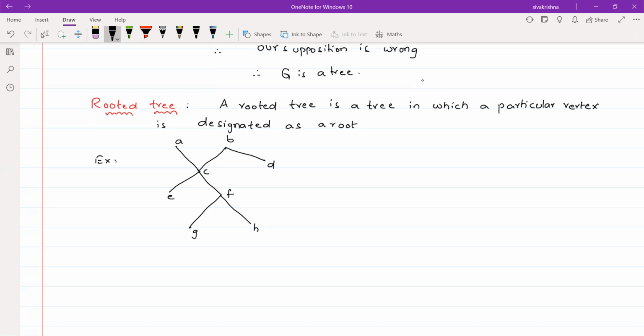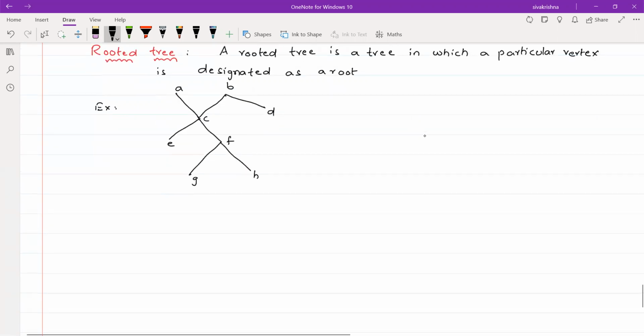If you want to consider a particular vertex as a root, you can consider any vertex as a root. But here I am considering small a as a root. So this is small a. I am considering this as a root.